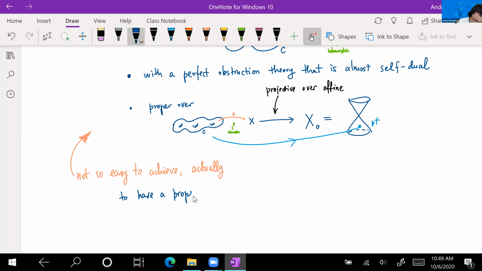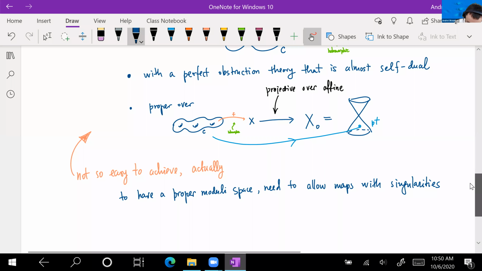Proper moduli, to allow singularities. So this is the simplest possible situation.